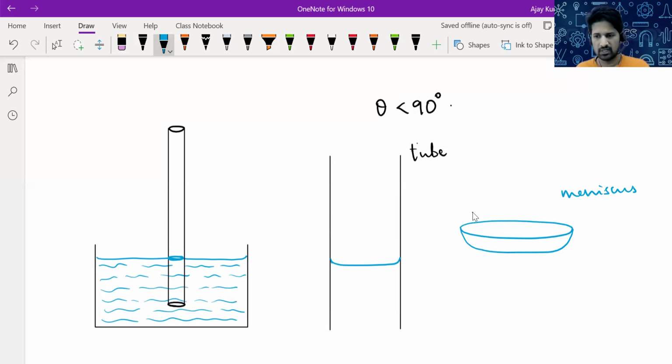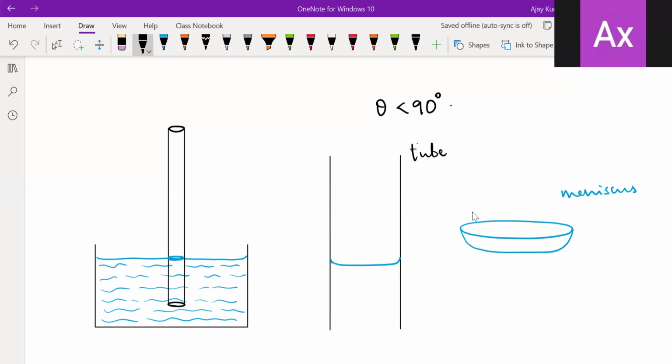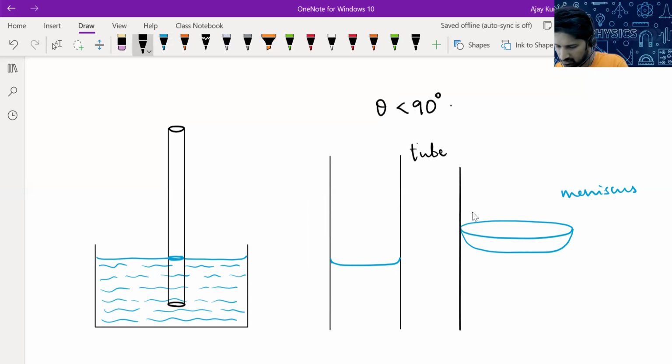Now, a liquid surface will always be trying to decrease its area. Wherever the liquid surface is in contact with something else, it will be exerting force by means of surface tension. So here, wherever the liquid surface is in contact with the tube, it's in contact with the tube over a circular region, over a circle.